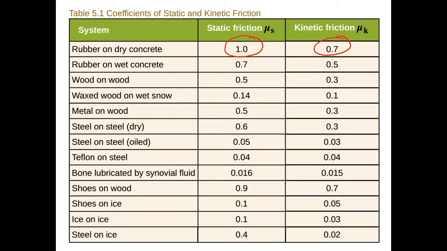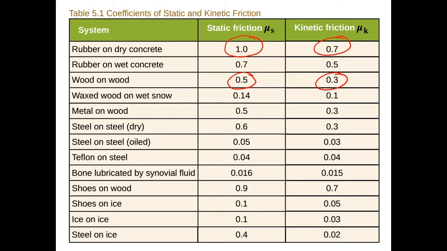So that might be like a tire on concrete. If we go down to wood on wood, so that might be like pulling those wooden blocks that I have on a wooden table, static is 0.5, but then once it gets rolling, it's only 0.3. The lower the number, the less the friction. The higher number, the higher the friction.